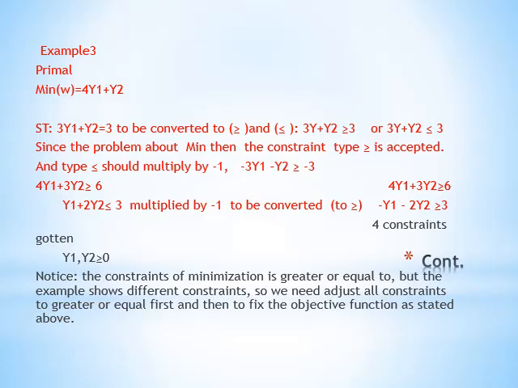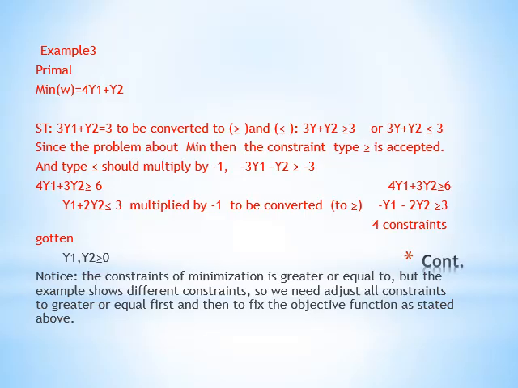Now we will deal with the function of minimization, min w equal 4y1 plus y2, with four constraints and non-negativity condition. First, the formulation of the dual problem.